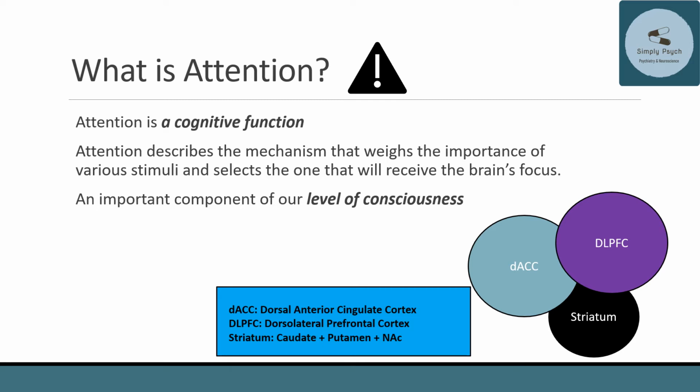The one that makes the most sense to me, and may not be the most accurate, but just helps me understand this stuff, is that consciousness can be broken down into two parts. One, our level of consciousness, basically how alert, attentive, and aware we are, and then the content of our consciousness, which is really the substrates that together make up our consciousness, like emotions, language, memory, motor planning, executive functioning.